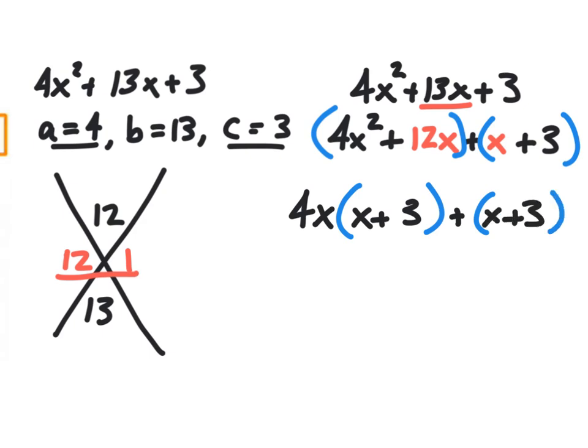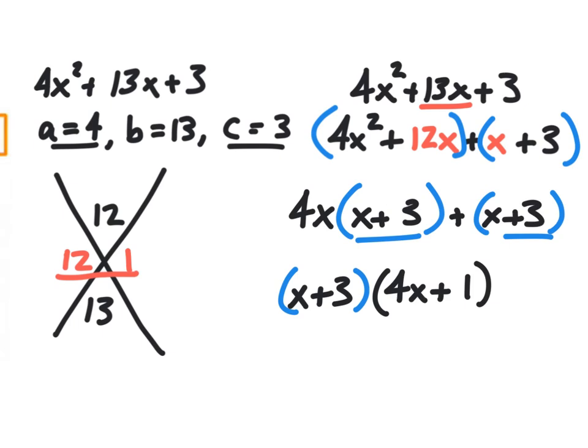And now I have that common x plus 3 term that I can factor out. If I factor out that x plus 3 term, what am I left with? I'm left with times 4x plus 1. When you factor this out and there's no number there, there's a 1 there. And so this is factored.